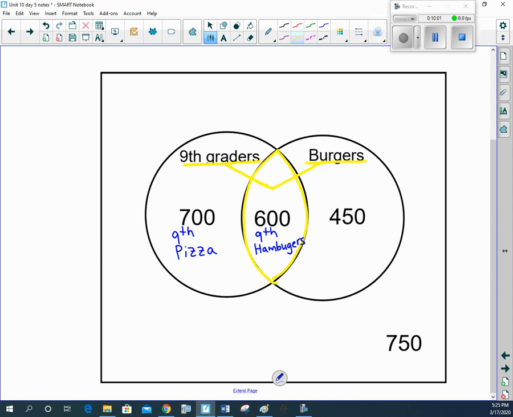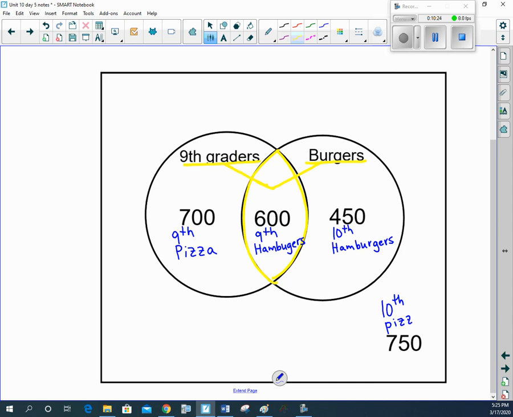And then the one on the right, well, we already know they like hamburgers, the 450, because that's in the hamburger circle. Well, this must be the 10th graders, because the other circle is the 9th graders. So this is the 10th graders who like hamburgers. So who's on the outside? That would be the 10th graders who like pizza.